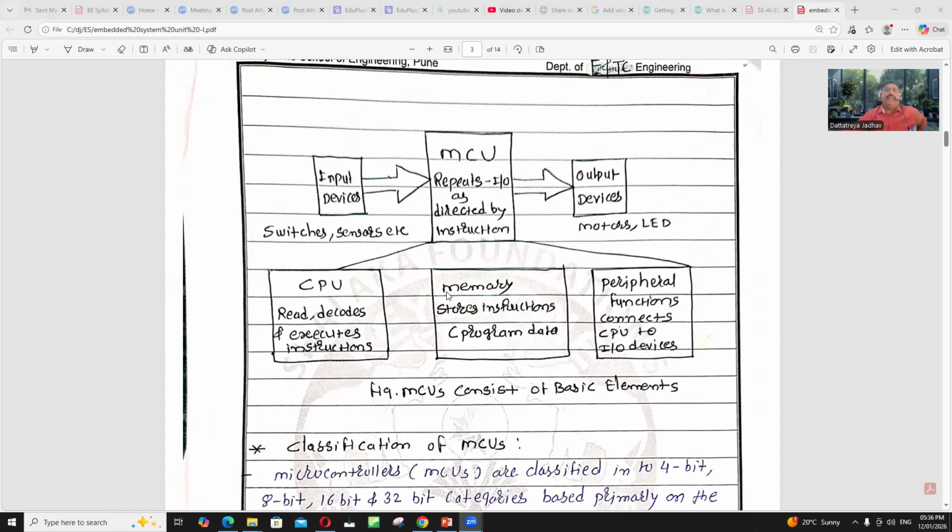So the basic elements of a microcontroller are the central processing unit, memory, peripherals, input output devices, and the microcontroller. These are just the introductory part: what parameters and elements are considered in any processor, or we can say a microcontroller. This is the basic element set of the microcontroller.